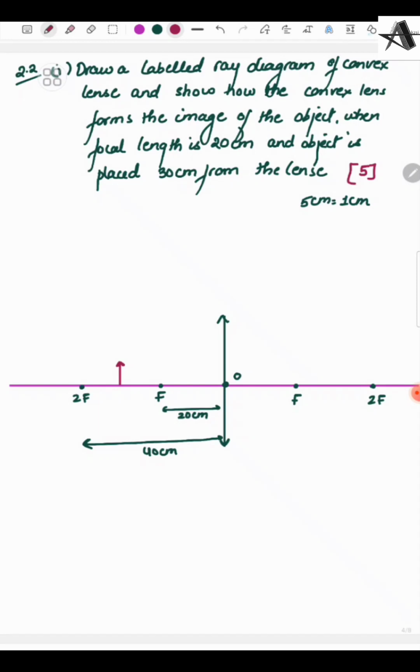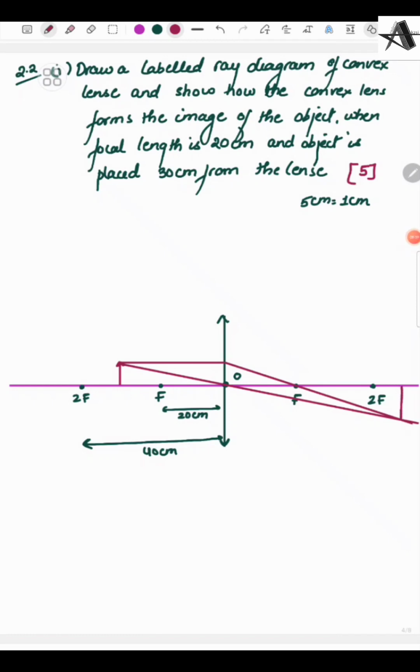First is, let me draw a ray which is parallel to the principal axis, and once it touches the lens it passes through the principal focus. This is your first line. And the second line would be the line that passes through the optical center and goes undeviated like this. Wherever these two meet will give you the final answer, which is this.